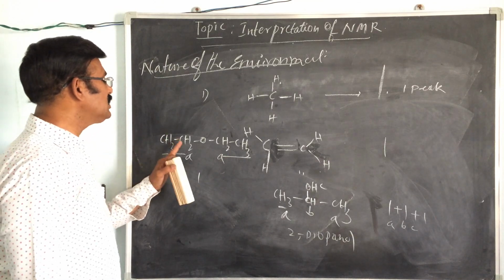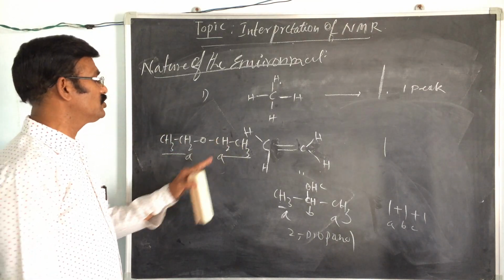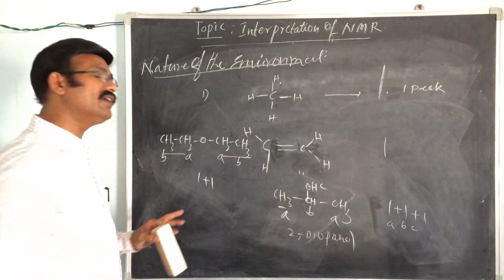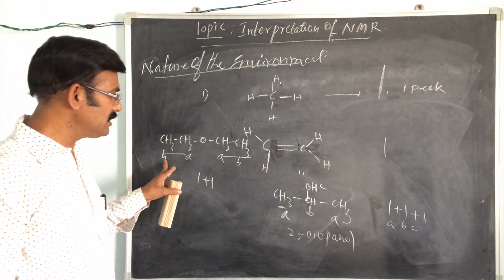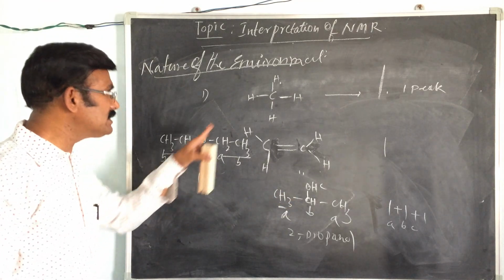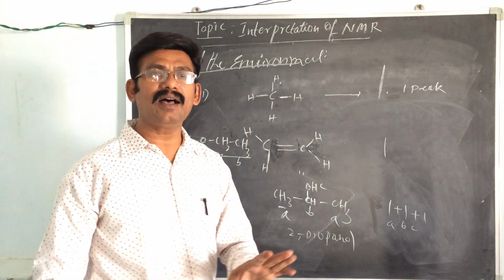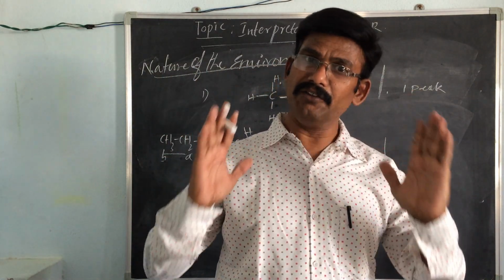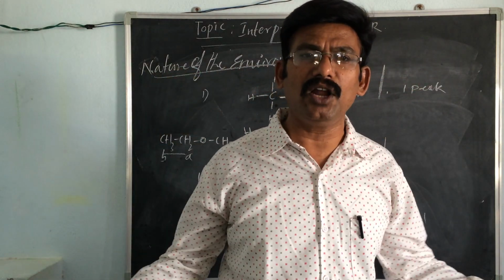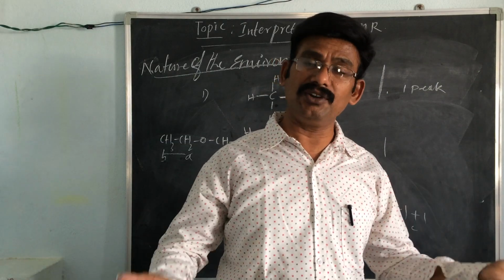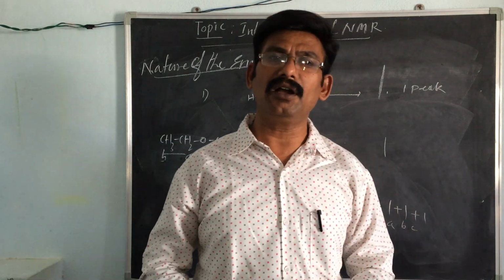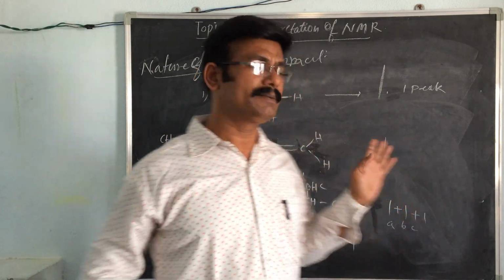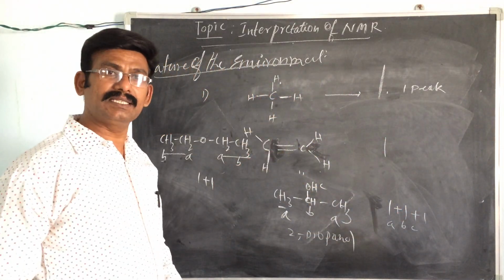And CH3 attached with the CH2, and this is B. So here 1 plus 1, 2 peaks will come. This is the environment of the compound. We have to know the environment in any given organic compound. Whatever you study in intermediate, take the organic compound to study the number of peaks. Okay, so number of peaks we know.